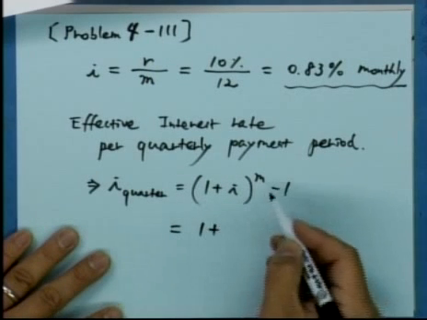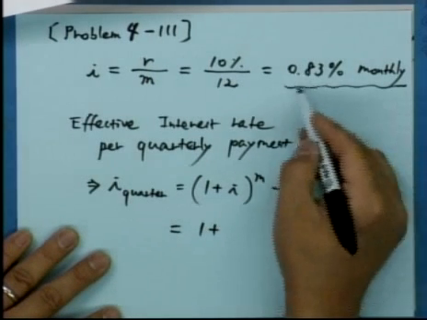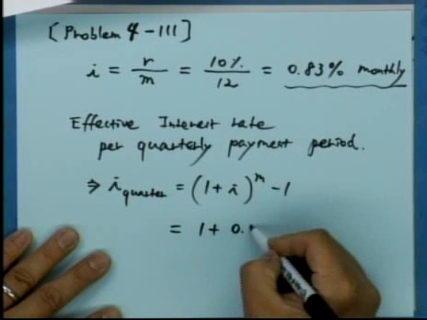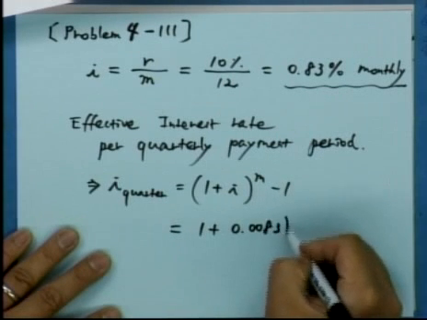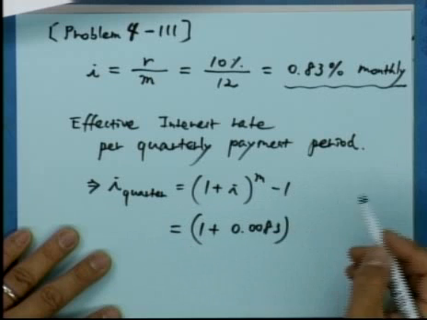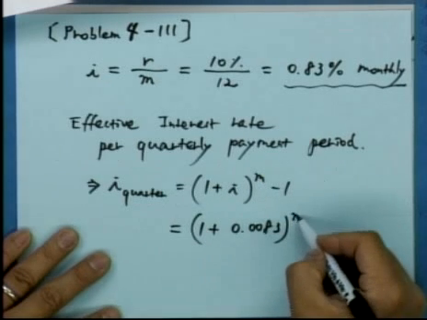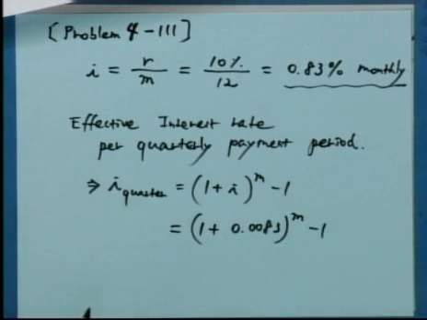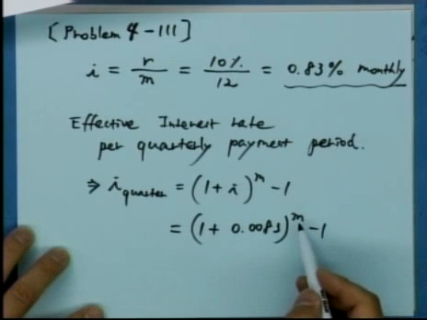So that's going to be 1 plus 0.0083 to the power m minus 1. So what is the value of m?